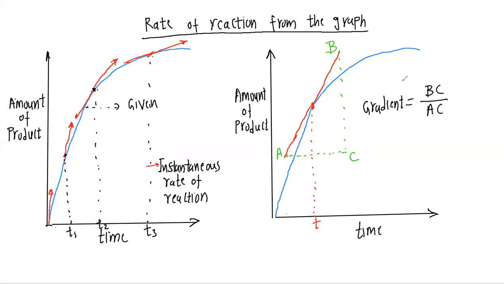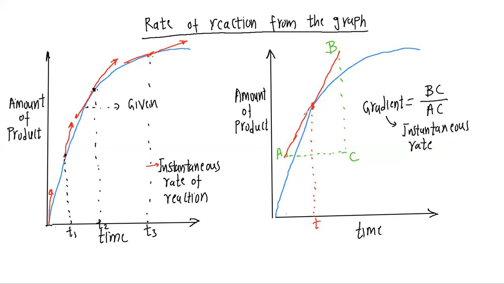So very simple concept. And what will this gradient give? This gradient is giving you the instantaneous rate. So at that instance, you can calculate for that matter anywhere in the graph, any point.